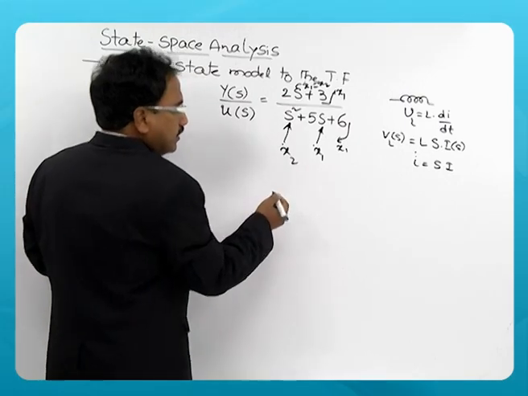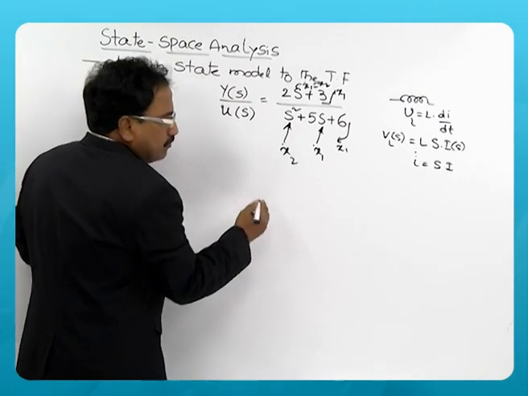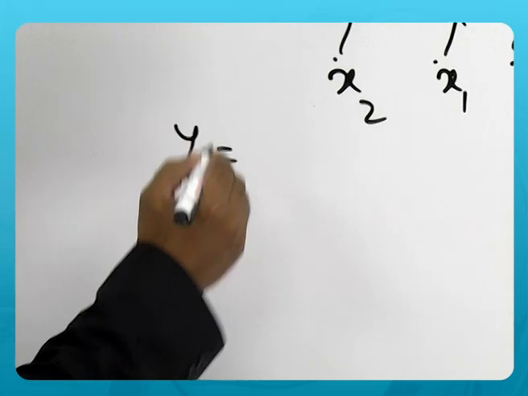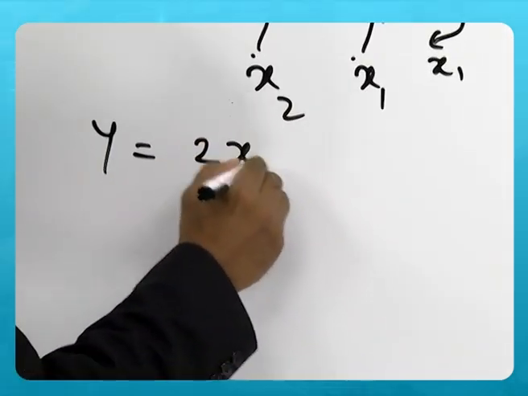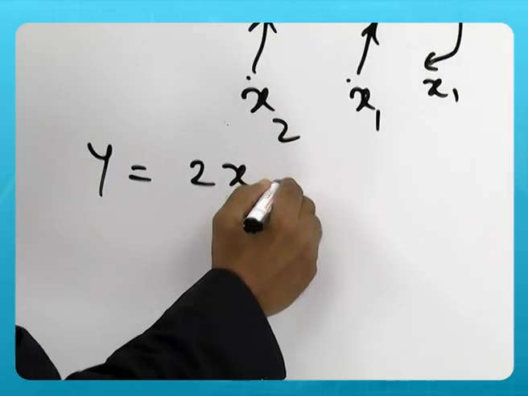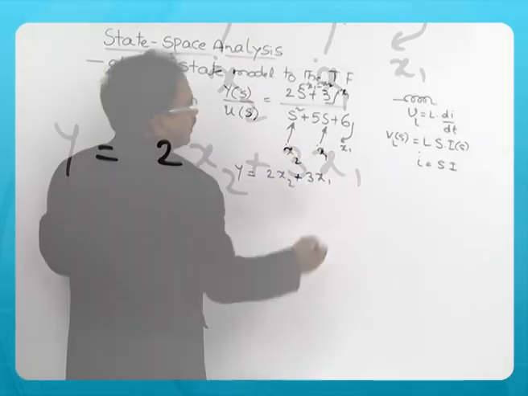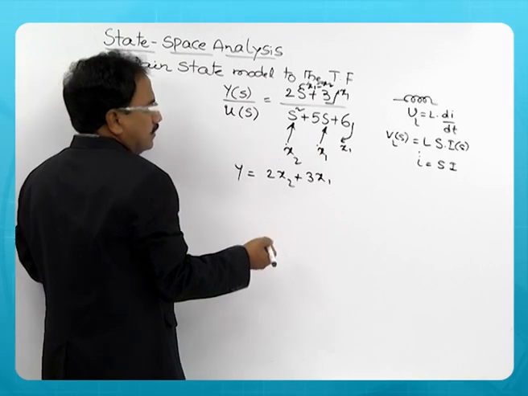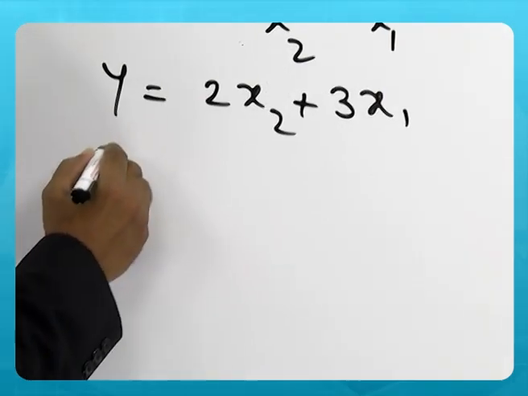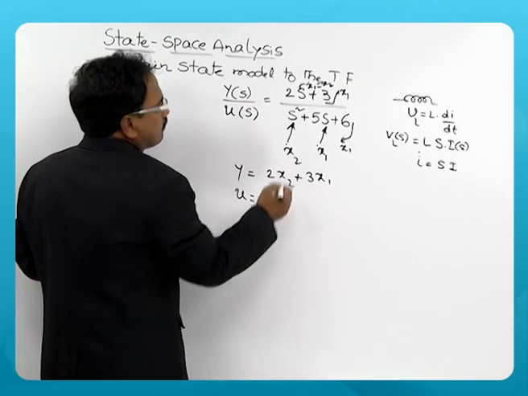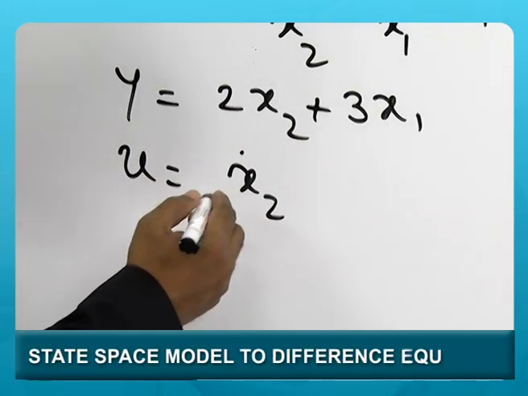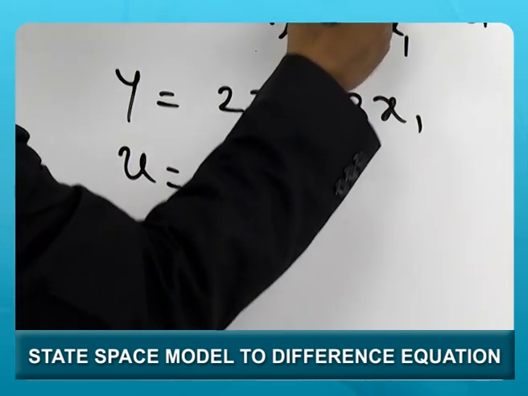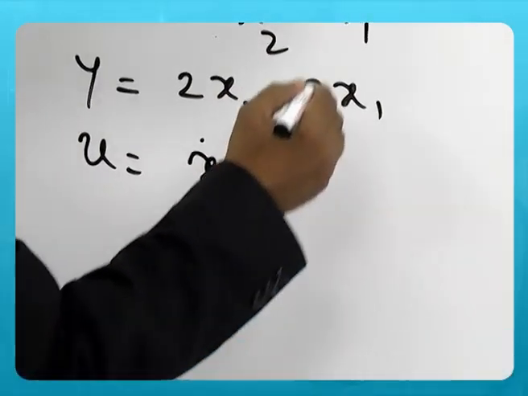So we can write now the equation for output y is equal to 2x2 plus 3x1, and the denominator part is u equal to x2 dot, s square is replaced by x2 dot plus 5 x1 dot.